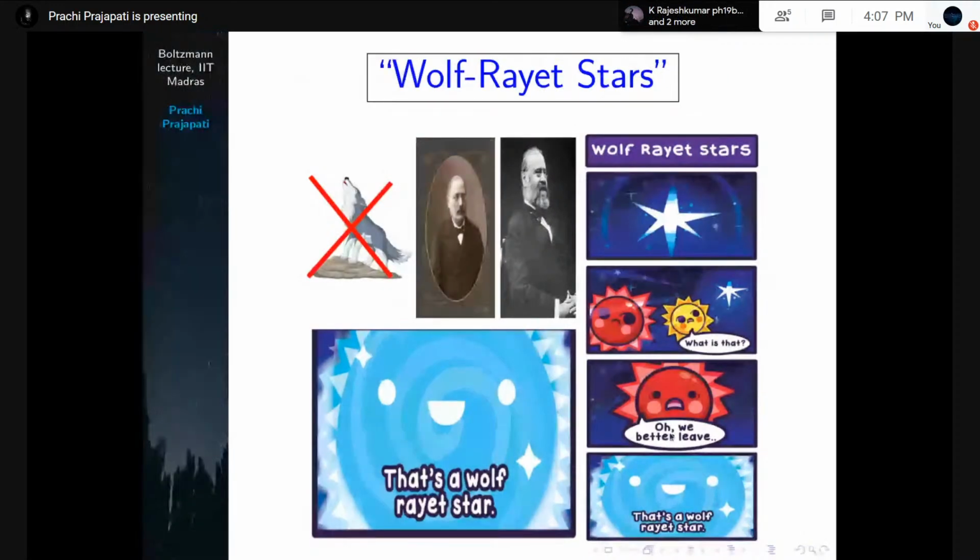The name itself has the word wolf, but it doesn't have anything to do with the wolf you might be thinking of. It's basically two people, astronomers, who accidentally found these stars, which had slightly different features than other stars at that time.